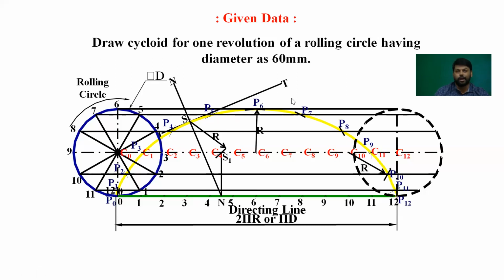And if you draw a perpendicular line to this normal at that point, then that perpendicular line will become the tangent.